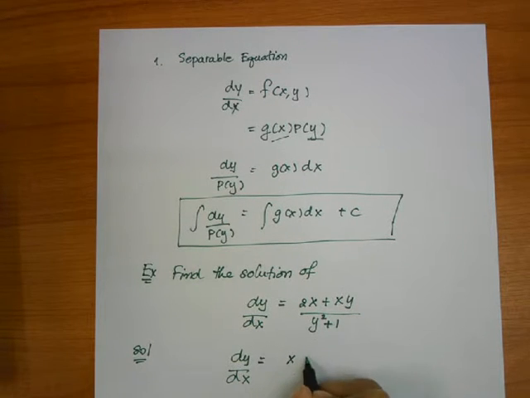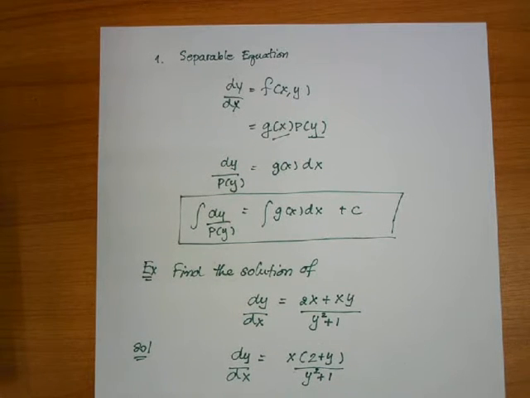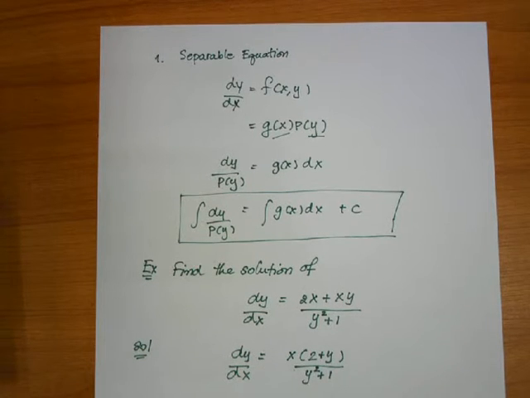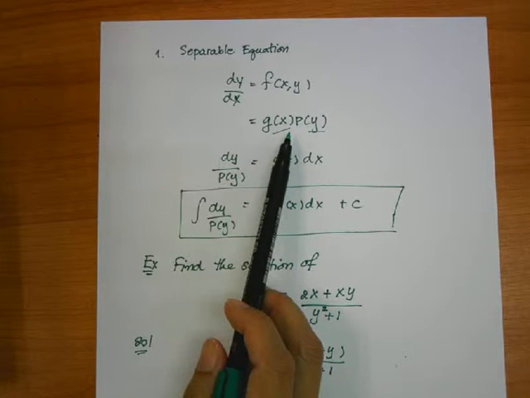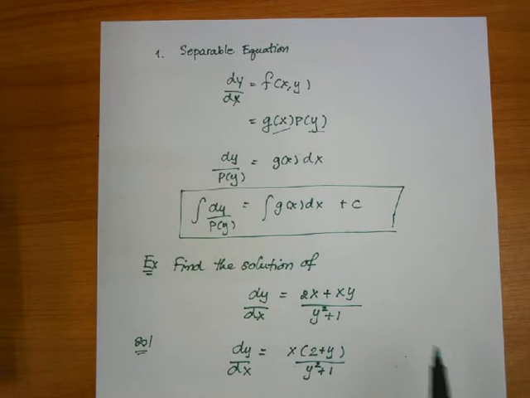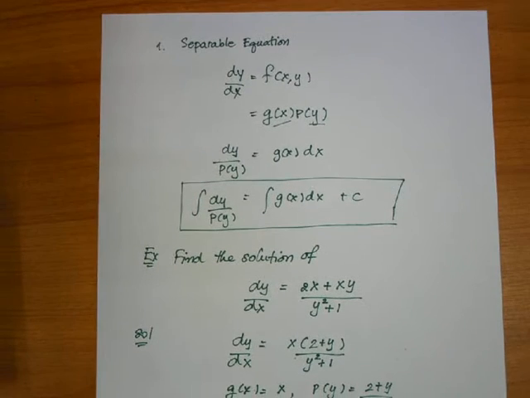When you take x out, inside you've got (2 plus y) divided by (y squared plus 1). See, you can separate the y function and the x function from each other. So in this case, comparing to our general formula, we would say g(x) is equal to x and p(y) is equal to (2 plus y) divided by (y squared plus 1). Right?